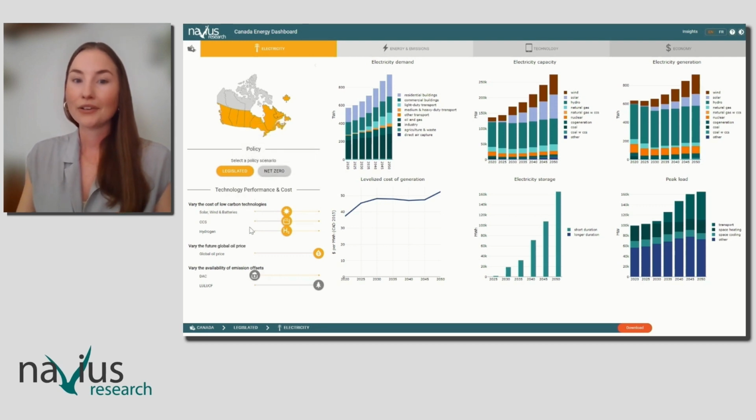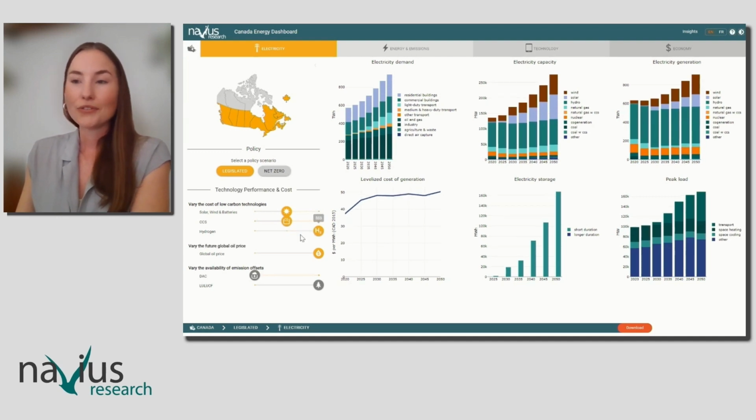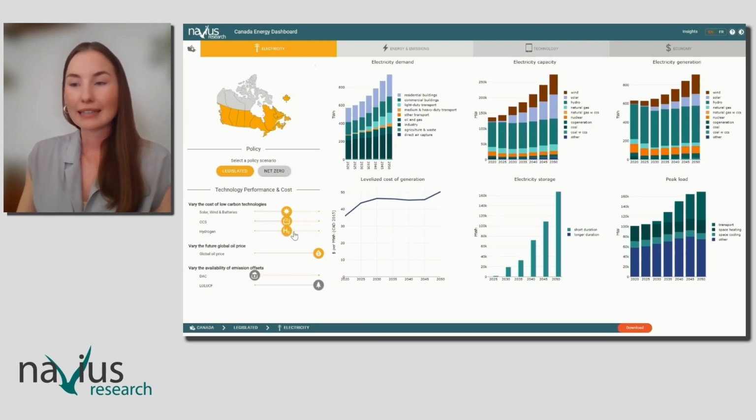In the control panel, you can also vary the cost of low carbon technologies, including solar, wind, and battery costs, carbon capture and storage costs, hydrogen costs, which includes hydrogen production costs and hydrogen fuel cell vehicles. And you can vary these from low to reference to high. You can also vary the global oil price forecast that is used.